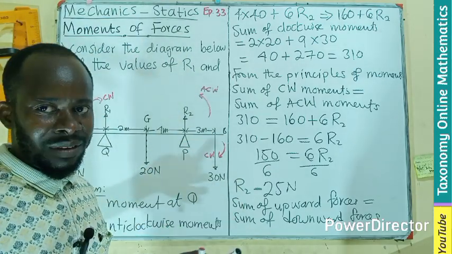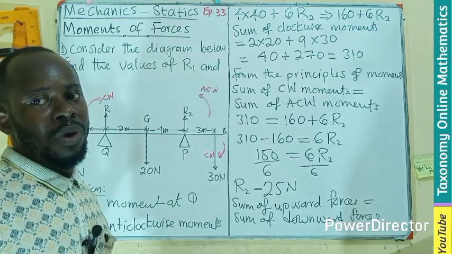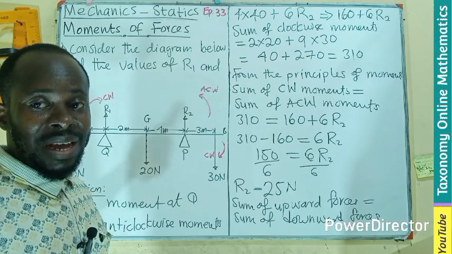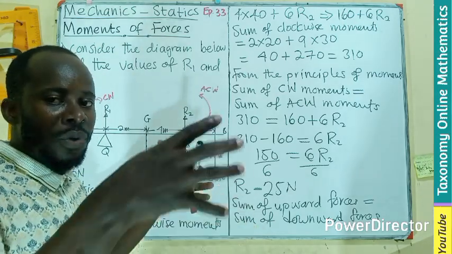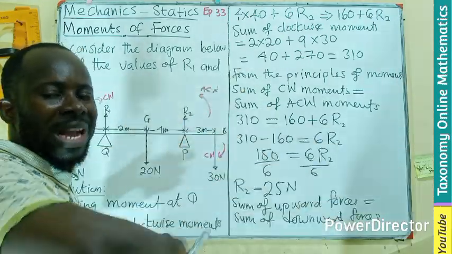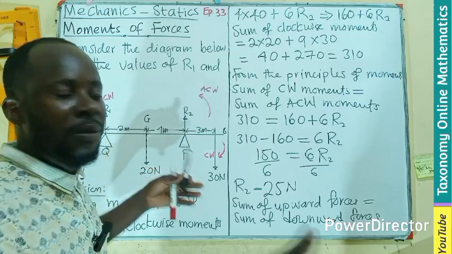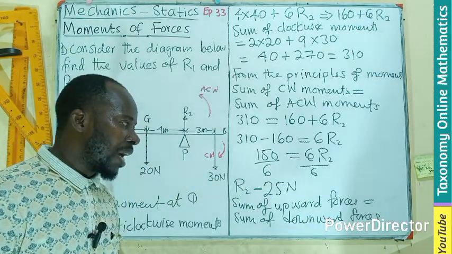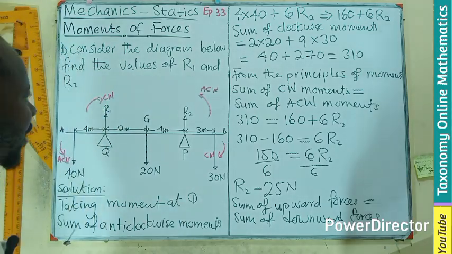So if they balance, we have the upward force equal to the downward force, because the clockwise moment is taken as negative, and the anti-clockwise moment is taken as positive. So if we add the two, equal to 0, that means they are in equilibrium. So we can transfer the negative clockwise to become positive to make the sum of upward equal to the sum of the downward.